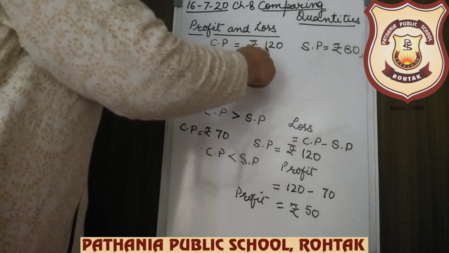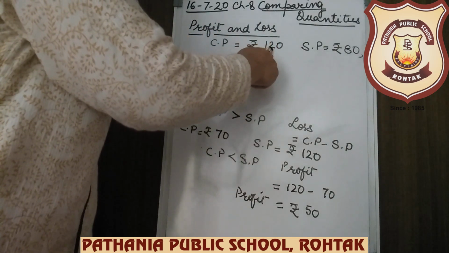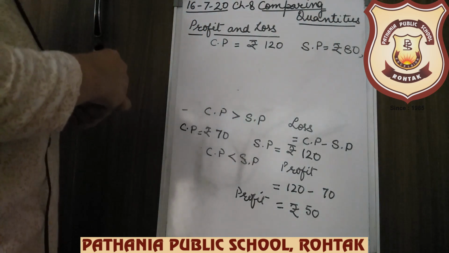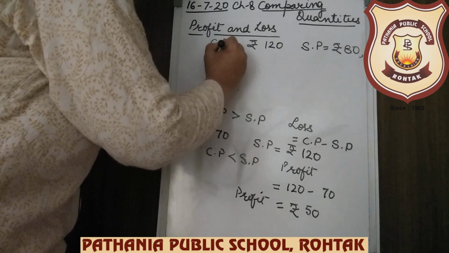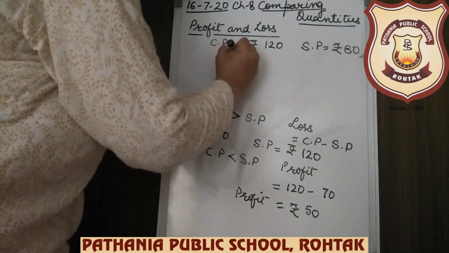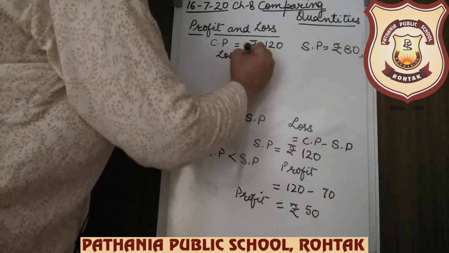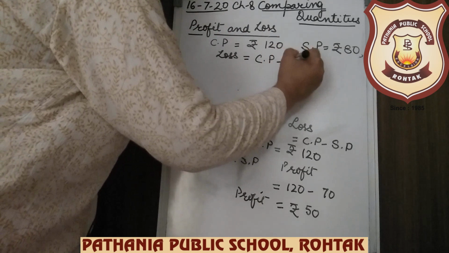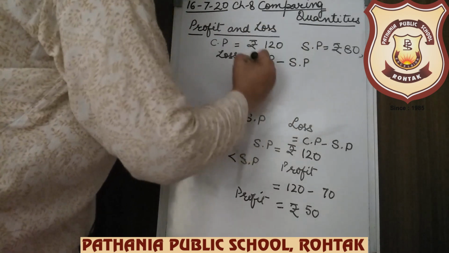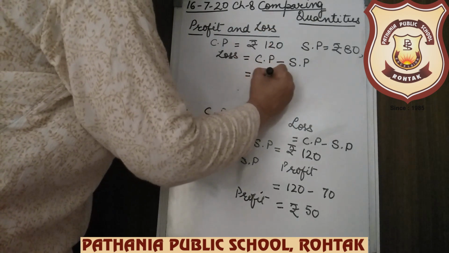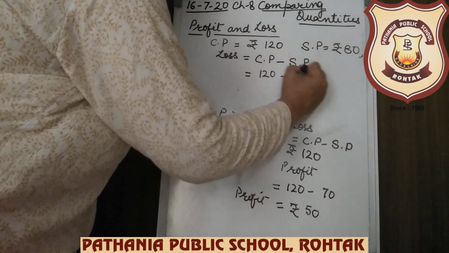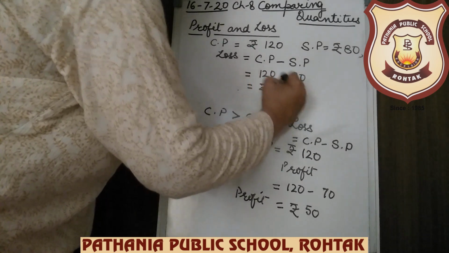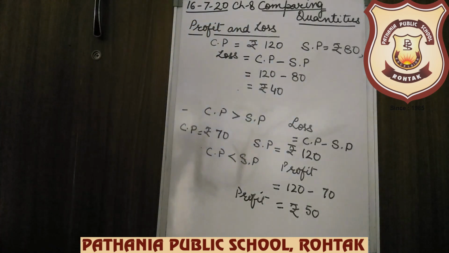Now here when we see that the cost price is bigger, selling price is smaller, then there is loss. Loss is equal to cost price minus selling price. Cost price is 120 and SP is 80. So your loss is rupees 40. The shopkeeper has a loss of rupees 40.